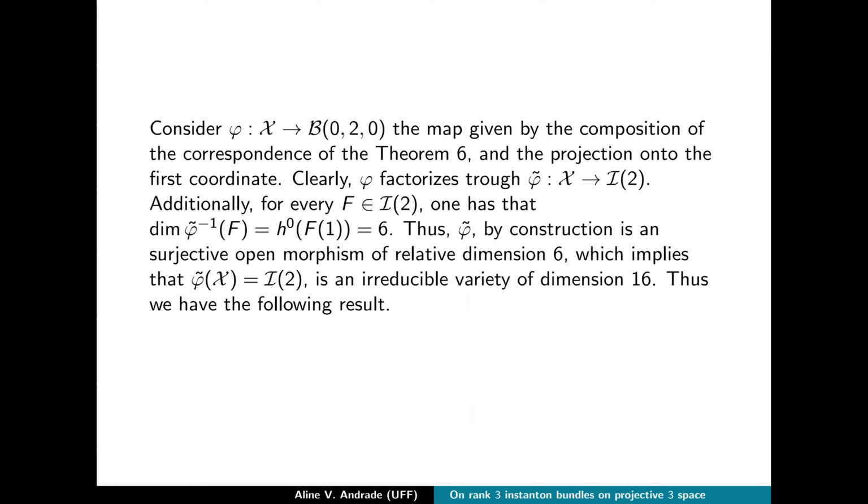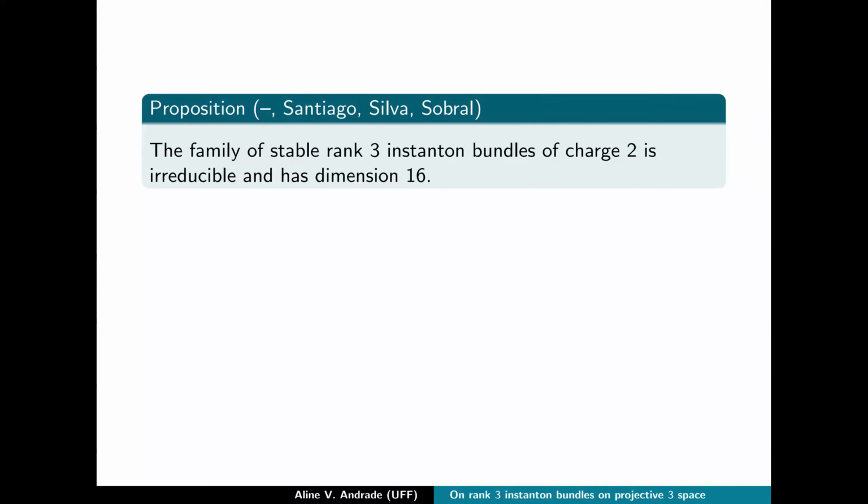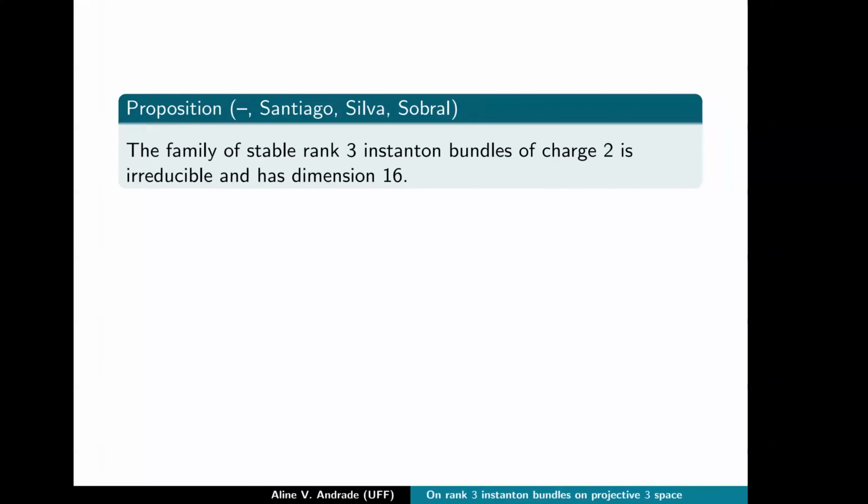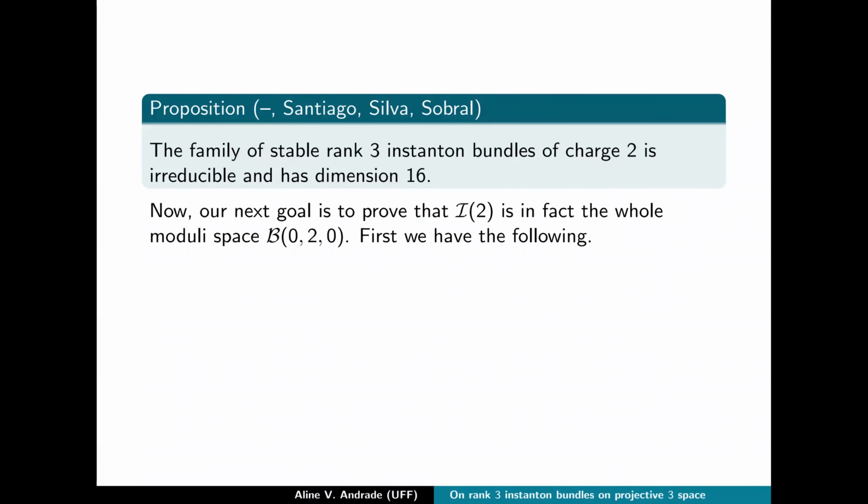Well, you can see that I'm talking about the family of instanton bundles, but we are trying to see that this is in fact the dominant component, which is in fact the whole moduli space that we have. So we have the following.